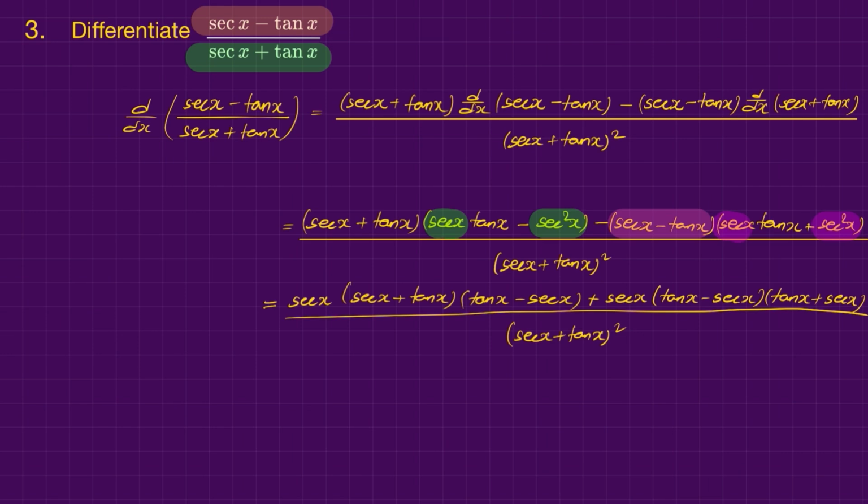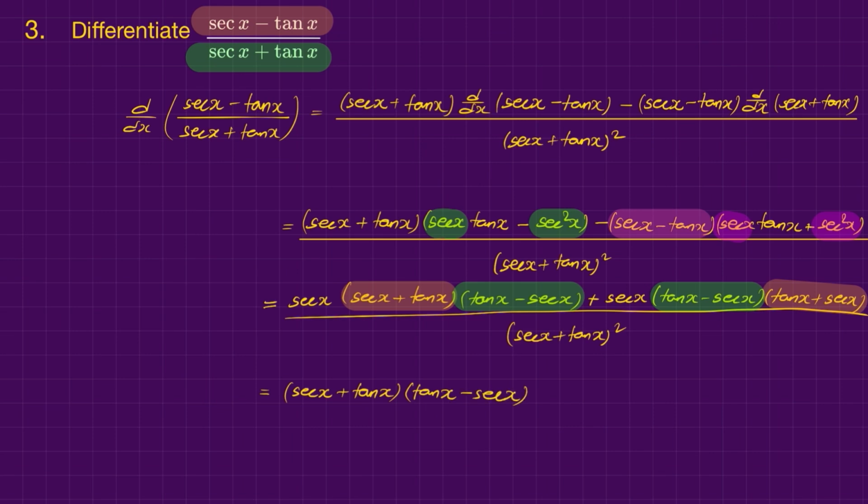Now as you can see, in the numerator there are two terms, and in these two terms sec x plus tan x is common, and after that tan x minus sec x and tan x minus sec x are common. So let me take these two as common, then it will be sec x plus tan x times tan x minus sec x.